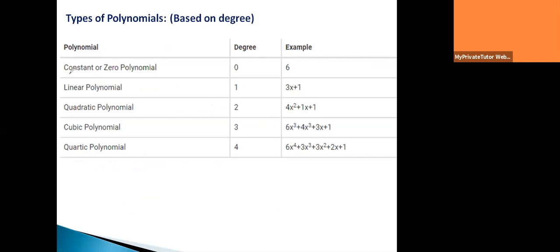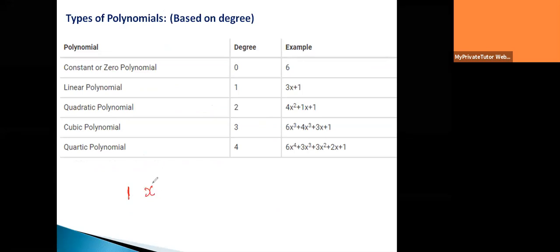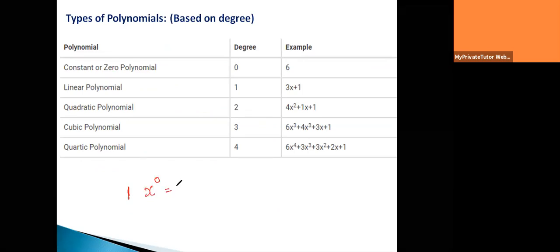So, based on the degree, the types of polynomials. The first one, have a look at that. If you have a constant, what does that mean? I hope you guys know. Anything to the power 0 is 1. You guys agree? 100 to the power 0 is 1. So if I say 20 times x to the power 0, what does that mean?